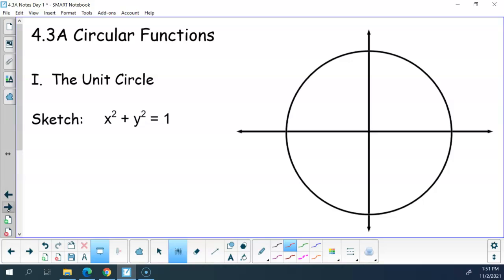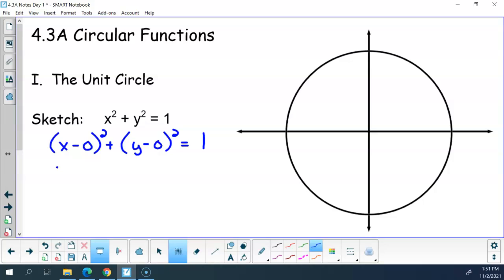The equation of the unit circle is x squared plus y squared is equal to 1. The true equation of the unit circle has zeros in it, but we just don't write the zeros.